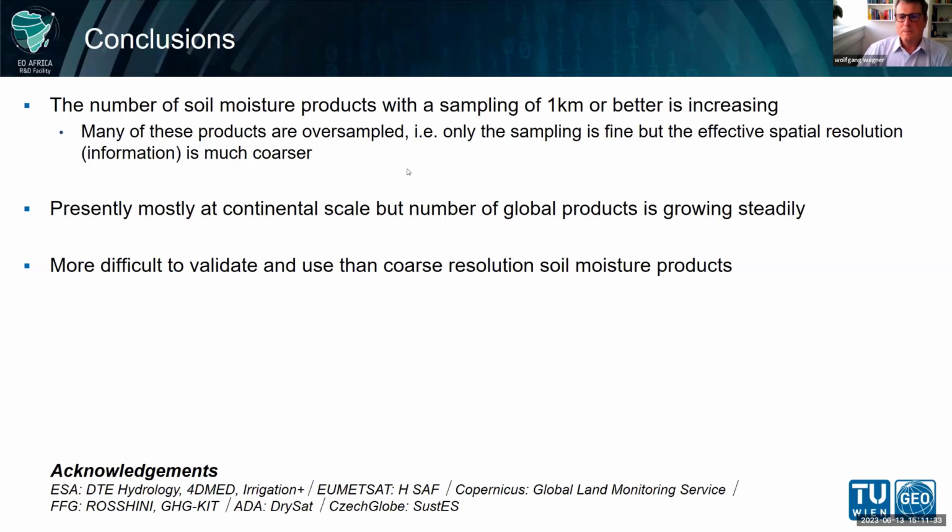Yes, there's one question. For the period between 2000 and 2010, is there a way to have 1 kilometer soil moisture information over Africa? Yes, you could use data from the Envisat ASAR that provided data within that time frame. Envisat ASAR had a mode called global monitoring mode that gave rather frequent observations of Africa.